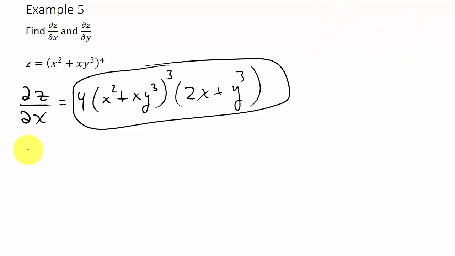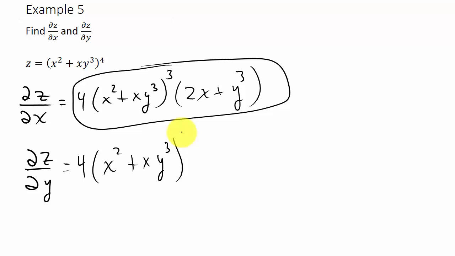All right, so let's do it the other way. The partial of z with respect to y. This one's actually a pretty easy one, isn't it? The second and third videos are the tougher problems. All right, so let's find the partial of z with respect to y. Use chain rule, so the 4 comes down, and that's x squared plus xy cubed, and subtract 1 from the exponent.